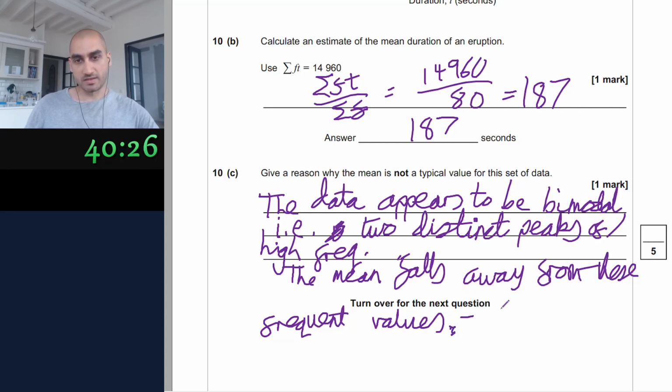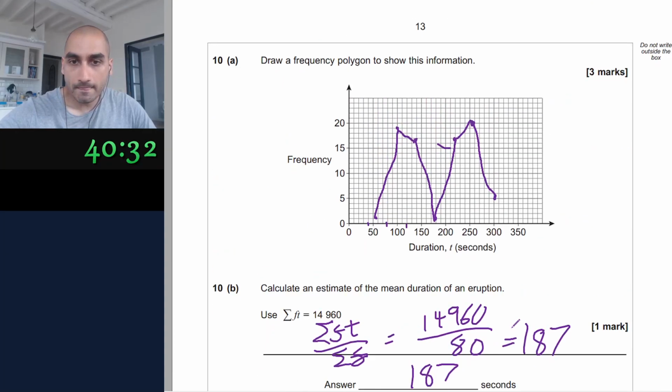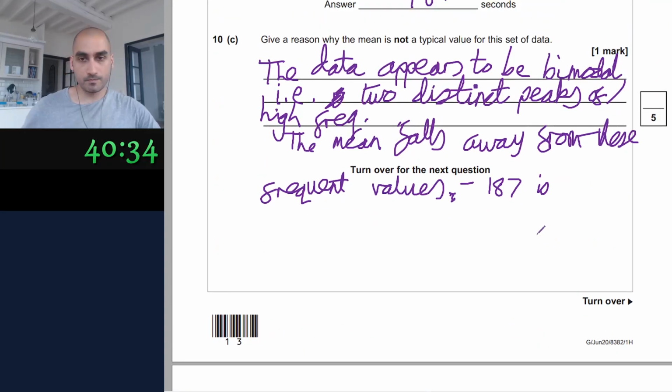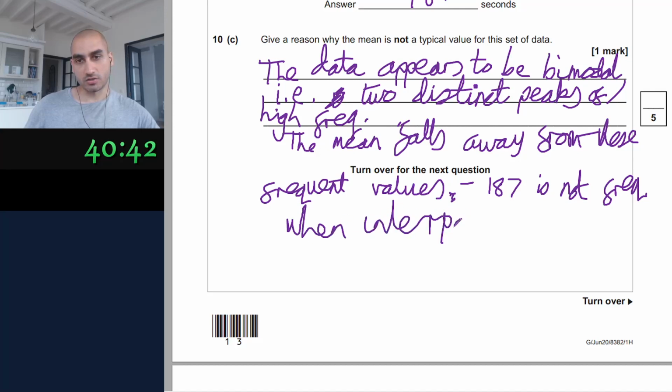Make this more explicit. 187 is not frequent when interpolating.